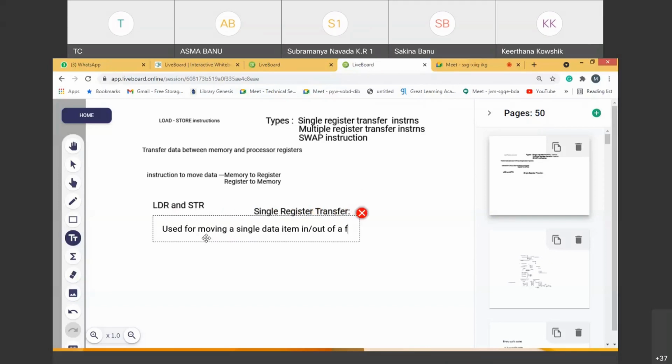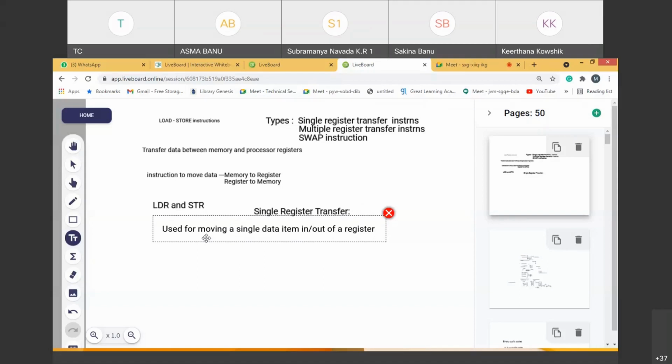Please understand the interesting point: I have 32-bit registers, R1 to R15, with special function registers, a total of 16, and I have a few extra registers also, which we'll make use of. I want to move data into or out of these registers, one single data item.